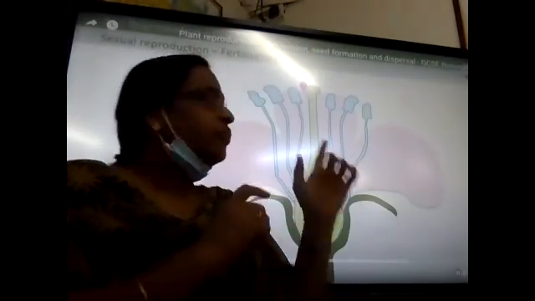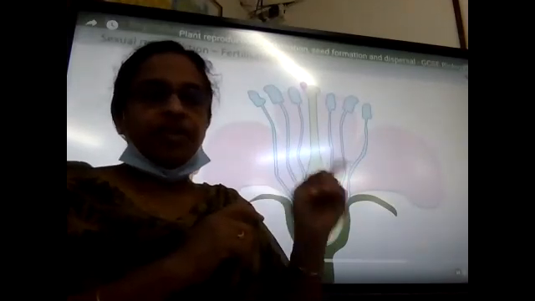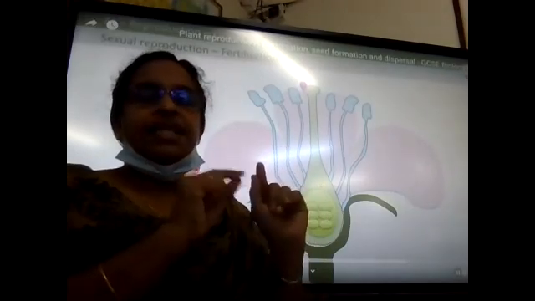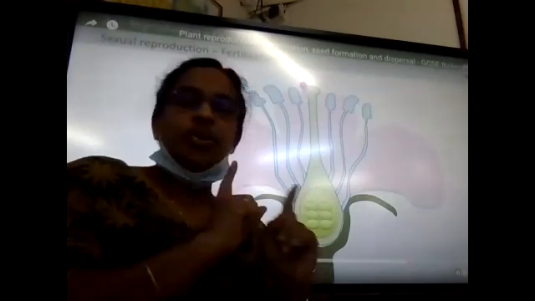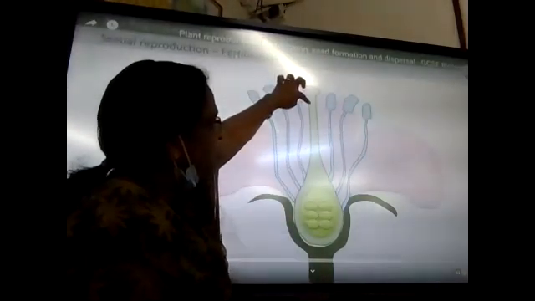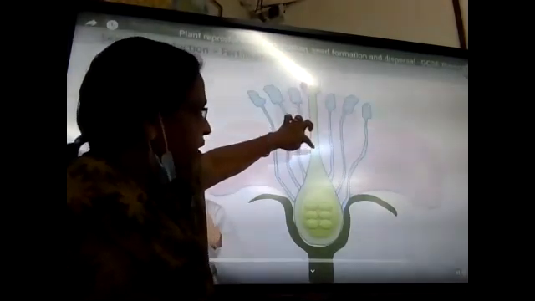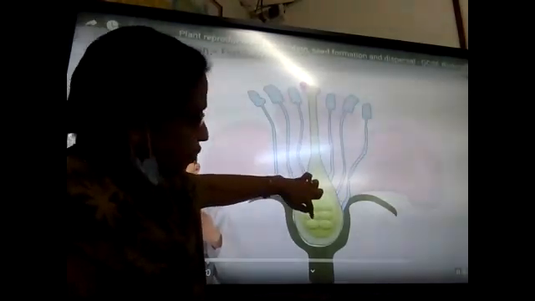So the genes we are giving to the next generation. That is why the nucleus of the pollen, from the anther, is fertilizing the nucleus of the ovule. The pollen is making a tube through which the nucleus of the pollen will come down, and then it will fertilize the nucleus of the ovule.